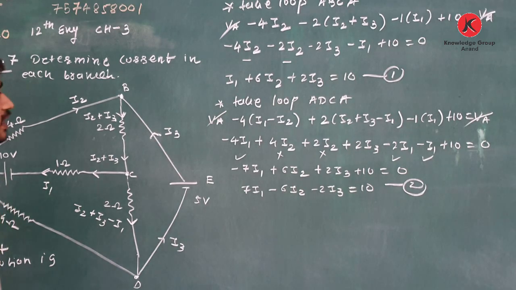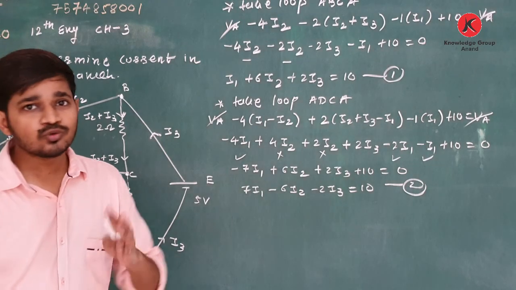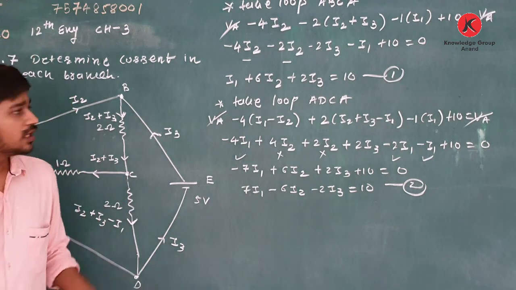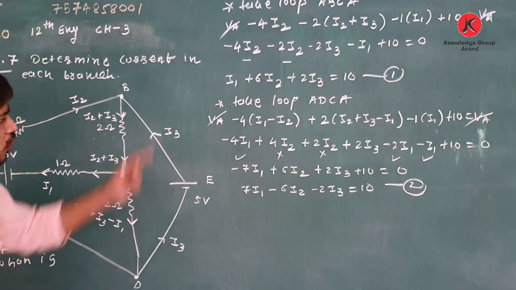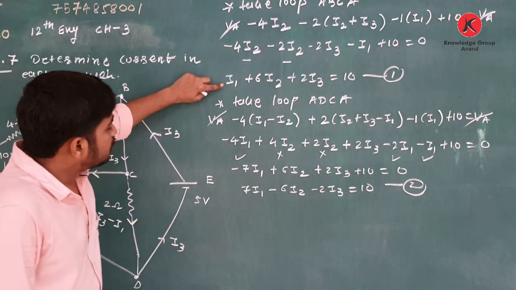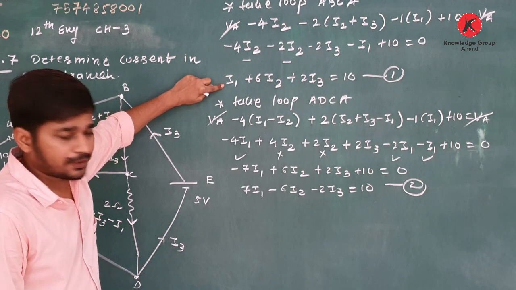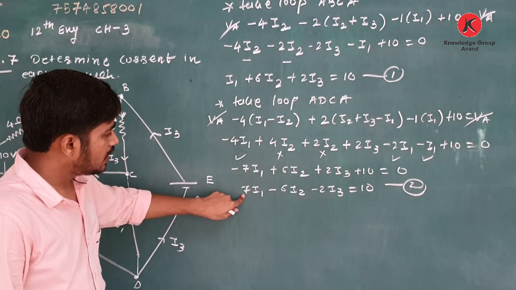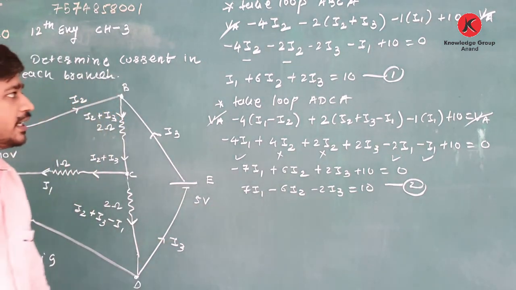Okay, now we know that we need minimum 3 equations to find I1, I2 and I3. But if you observe these two equations, I1 plus 6 I2 plus 2 I3 is equal to 10, and 7 I1 minus 6 I2 minus 2 I3 is equal to 10.